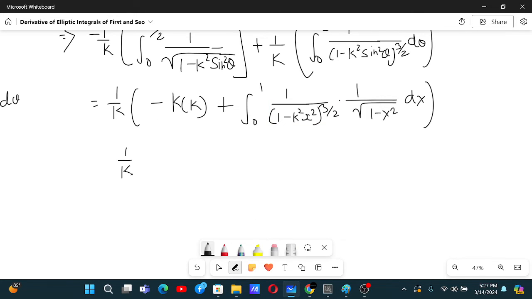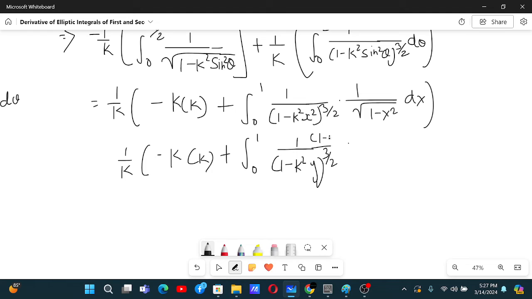If we make that substitution, we get the integral from 0 to 1 of 1 by 1 minus k square y to the power 3 by 2, and then 1 minus y to the power minus 1 by 2. Since y equals x square, we will have 1 by 2 y to the power minus 1 by 2 dy.